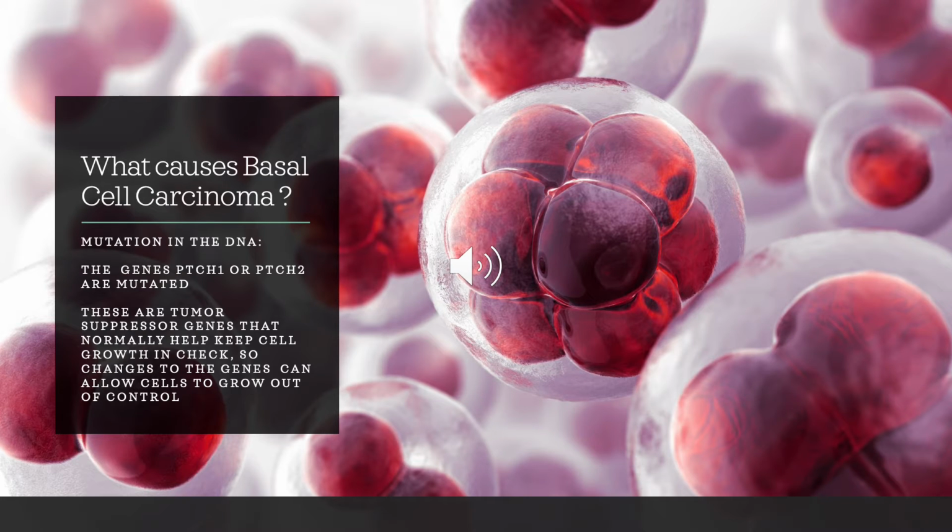One of the causes for basal cell carcinoma is a mutation in the DNA. The genes that are usually mutated for basal cell carcinoma are PTCH1 or PTCH2. These genes are known to be tumor suppressors. They normally help keep cell growth in check, so changes to these genes can allow cells to grow out of control.